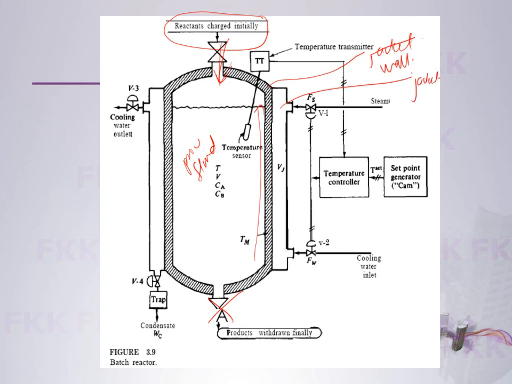Okay, so now they need to actually increase the temperature of the reactant, so they feed in the steam. This is initially cold, so when the steam is in touch with cold, it means that your Q is going inside. Then you will expect some of the steam will condense to become water.